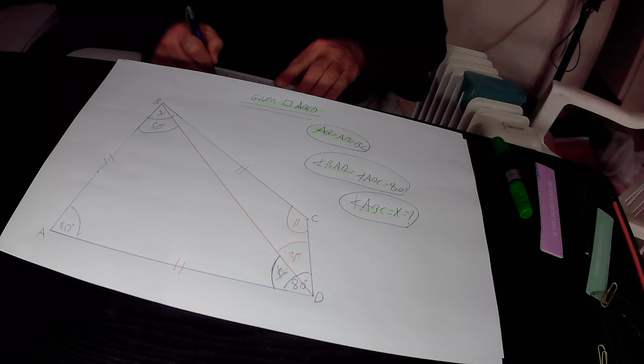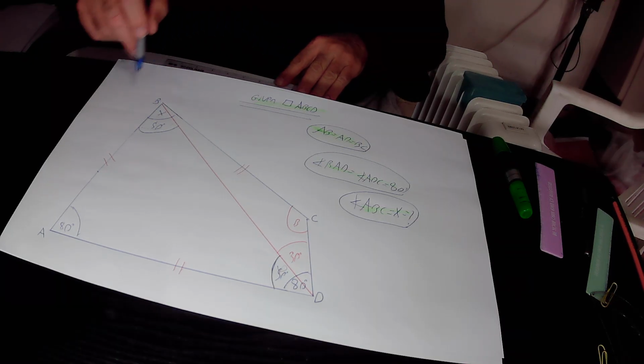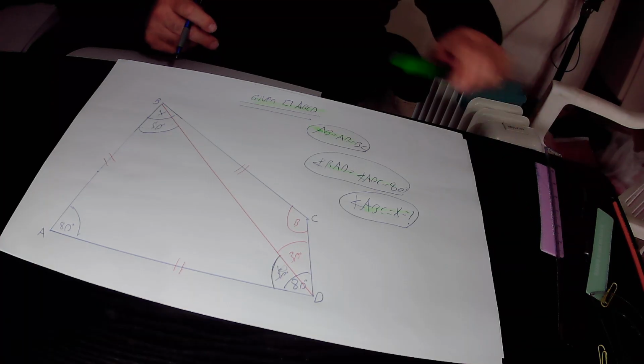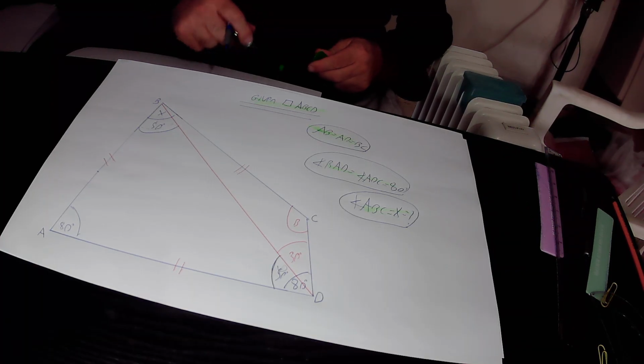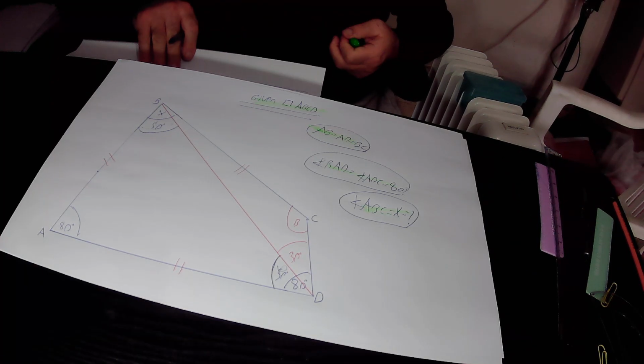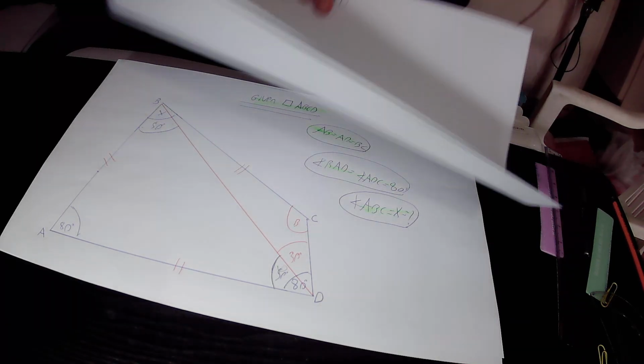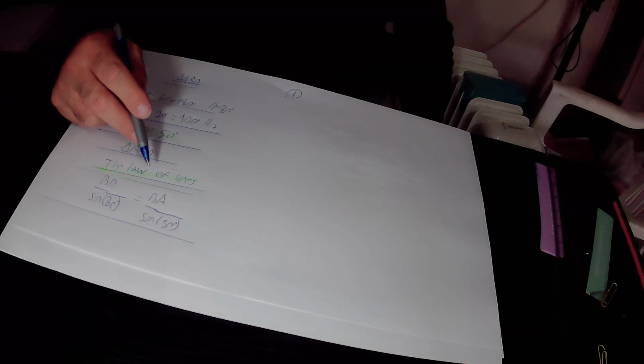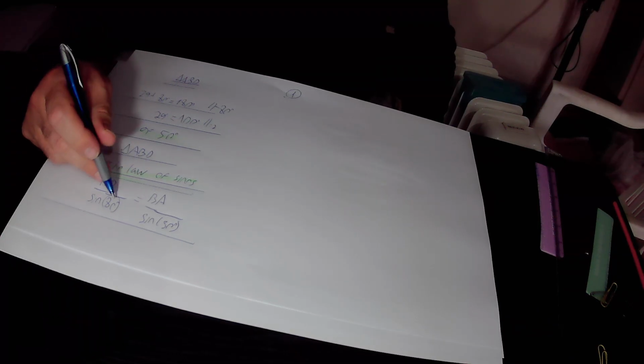And again, in this triangle BAD, according to the law of sines, BD over sine 80 degrees equals BA over sine 50 degrees.